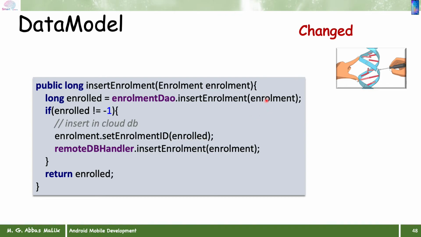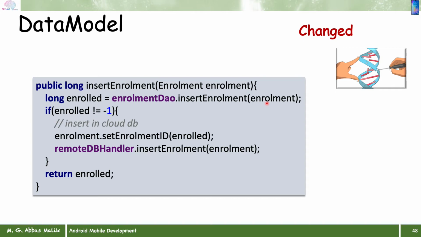Remember that I am always giving this enrollment 0, and this particular insert method is automatically generating that particular specific enrollment ID and putting it over there. But of course, in that particular specific enrollment object, that enrollment ID is 0.